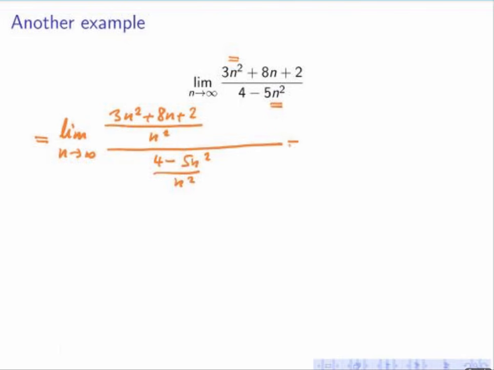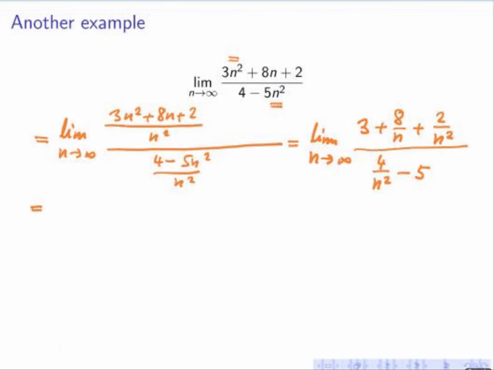So let's compute this out, and it is important you always carry the limit until you finally do the limit. If you keep n in your equations, you carry over the limit sign. So the first term is a 3, then we get plus 8 divided by n, and then plus 2 divided by n squared, divided by 4 divided by n squared minus 5. And now we use one of the limit rules for fractions.